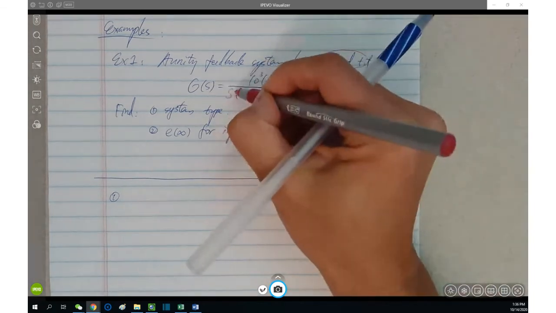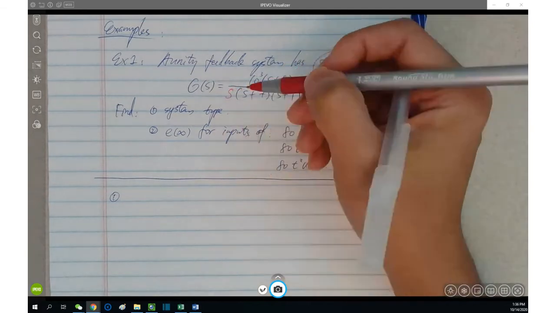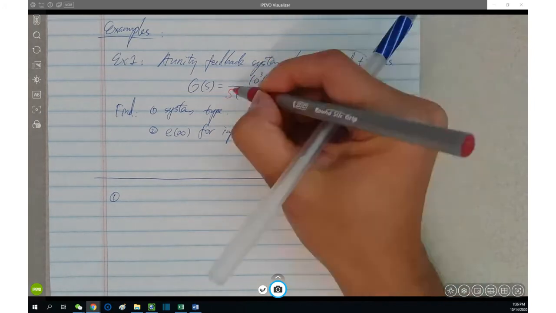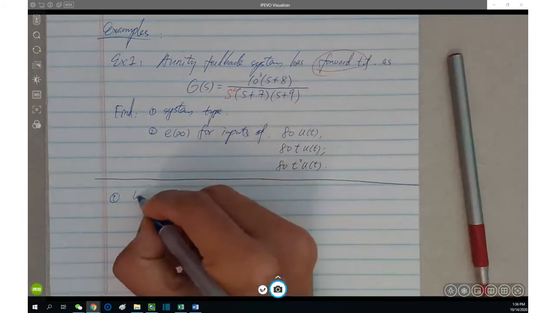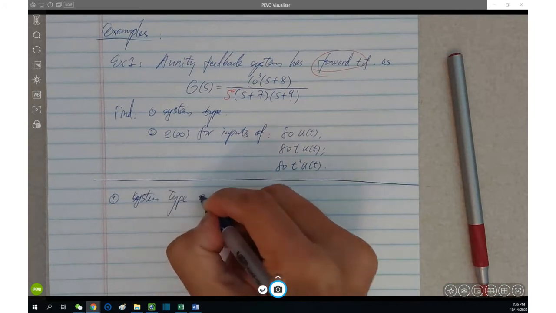What is the n value here? 0, right? So this is system type 0.